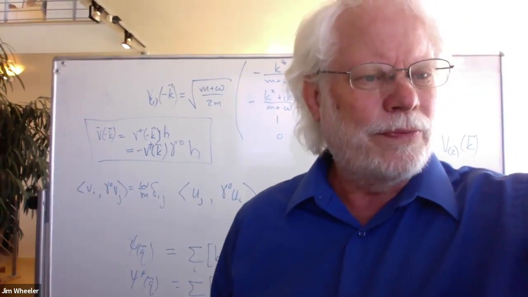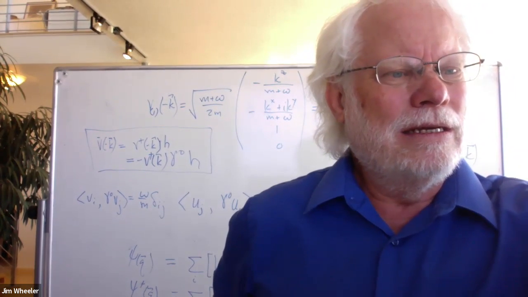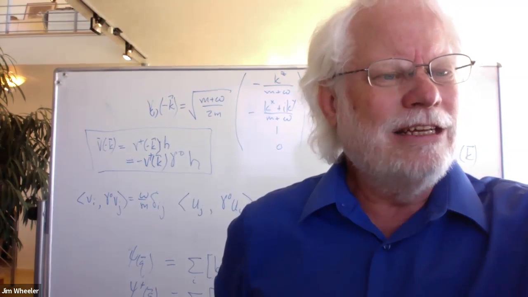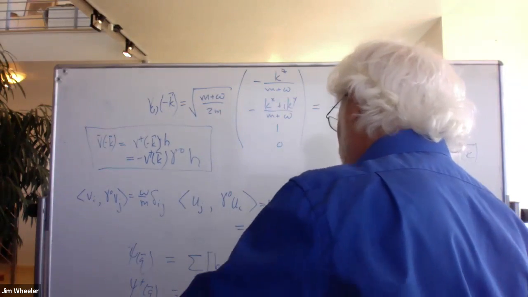All right. Pi should be B conjugate U bar. Oh, okay.